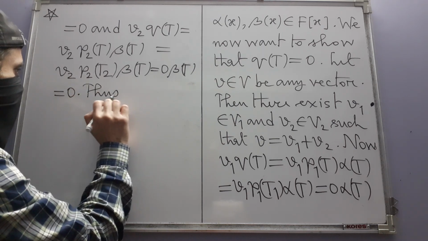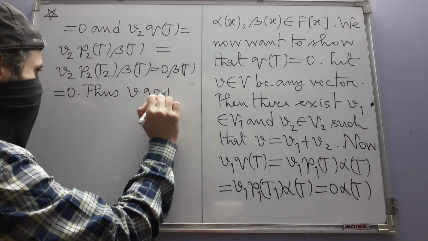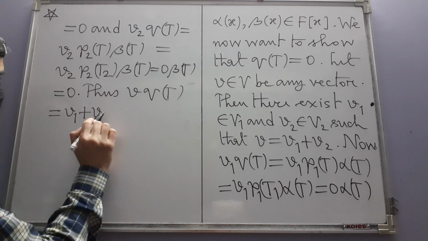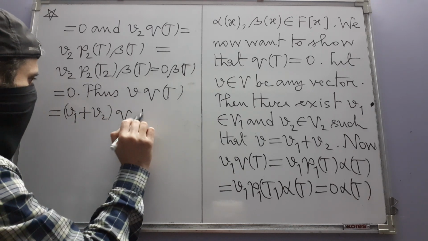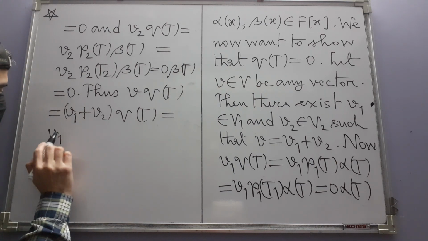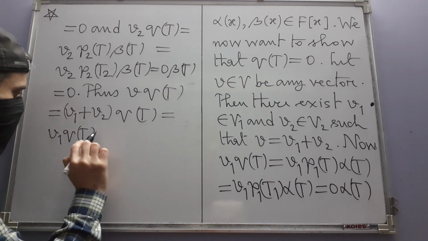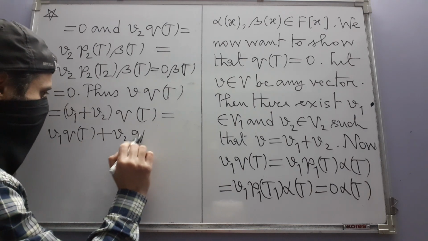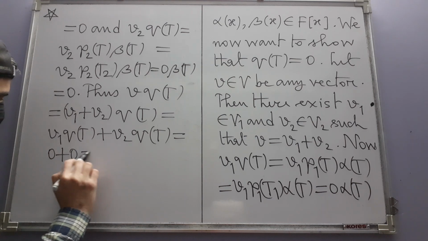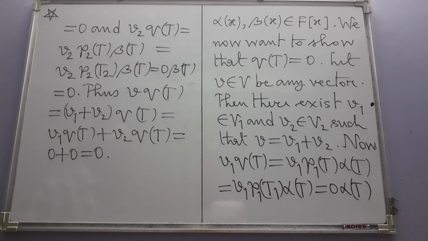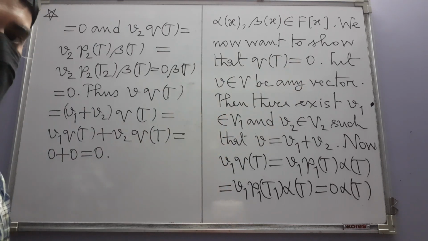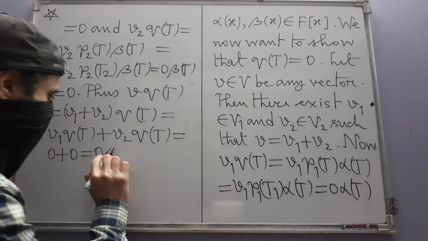Thus, V Q of T is V1 plus V2 Q of T, since Q of T is after all a linear operator, so this is Q of T. So yes, that means Q of T is 0, because we have applied it on any vector in V and we have got the 0 vector.